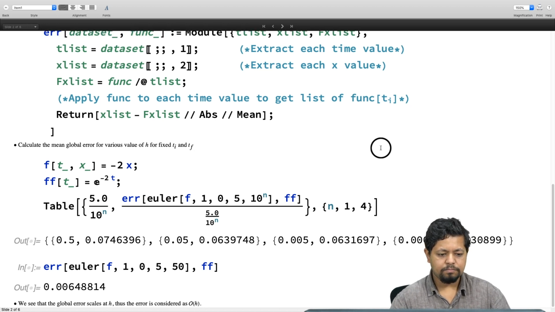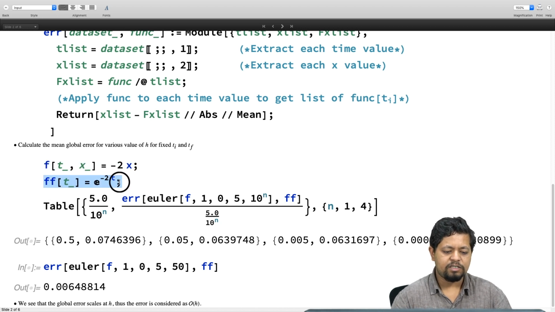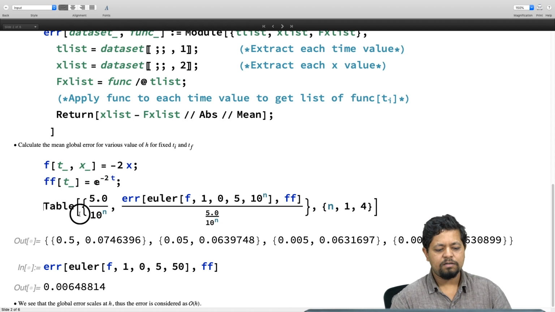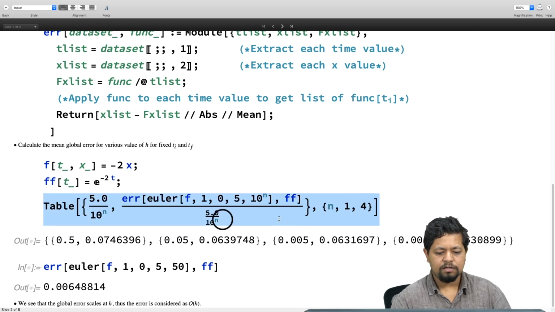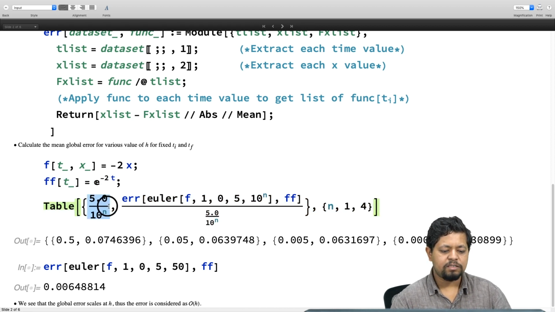So this is my derivative x dot, this is the solution, x as a function of t, and here is the table that I've constructed. The step size h is tf minus ti. I'm taking tf as 5 and ti as 0, so tf minus ti is 5, divided by 10 to the power n, which is n max. To the error function, I'm passing two arguments, the Euler list and the solution f.